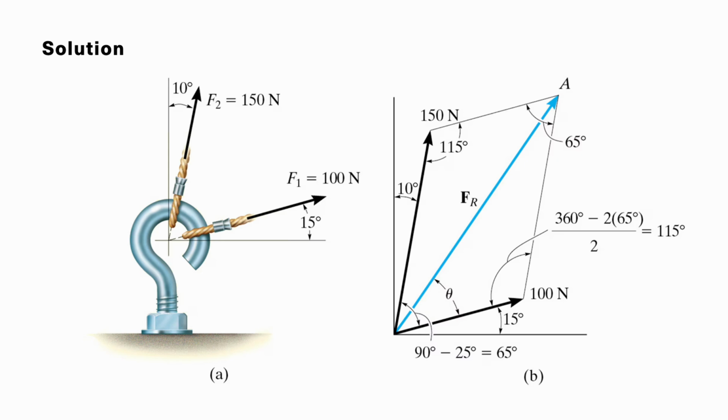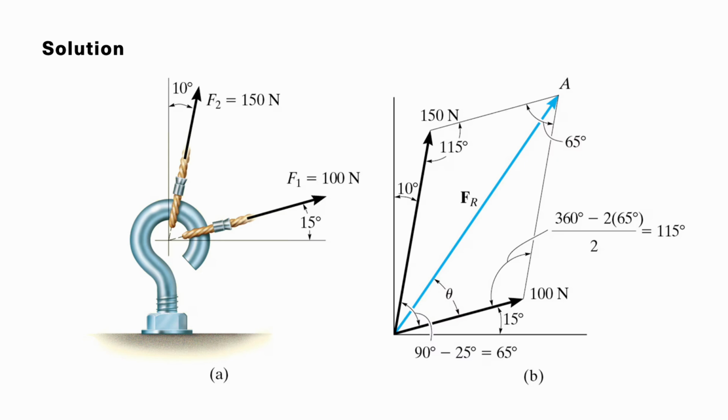If we use the parallelogram law, then we need to obtain the angle between the two forces, F1 and F2. Since we have 10 degrees from F2 to the y-axis and 15 degrees from F1 to the x-axis, the angle between F1 and F2 is 90 degrees minus 10 minus 15, which gives us 65 degrees.